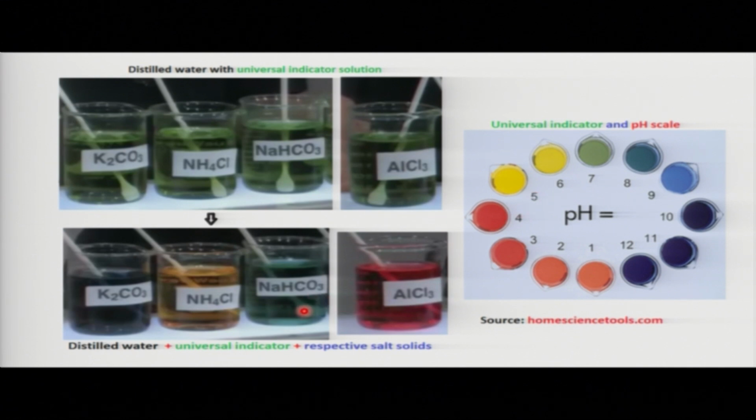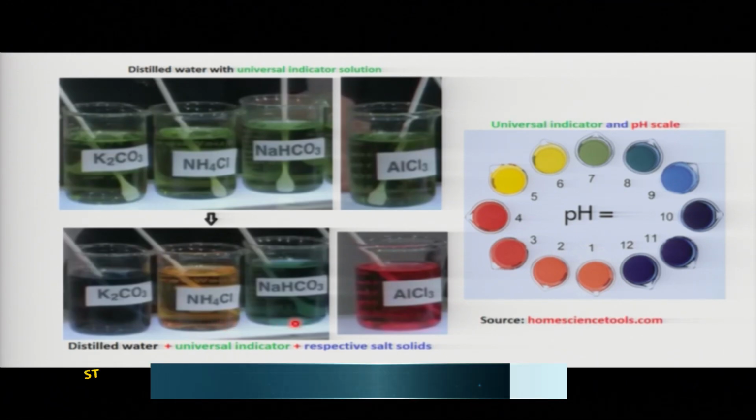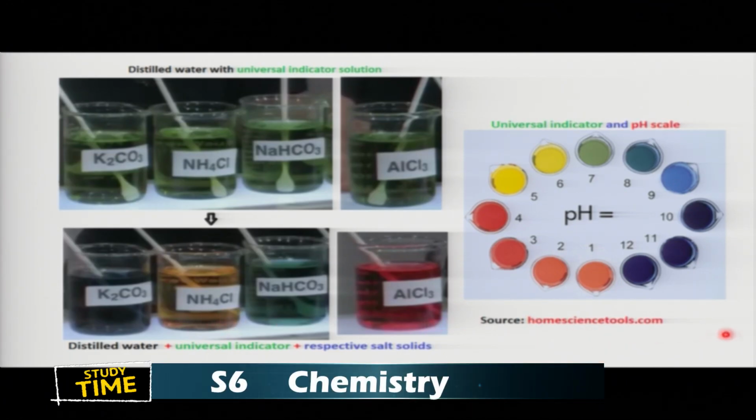And look at sodium hydrogen carbonate. It's light blue, around 8 or 9 in pH. And finally, aluminum chloride, around 4 or 3. It is much redder than the yellow color of ammonium chloride. So what conclusions can we make from these solutions?